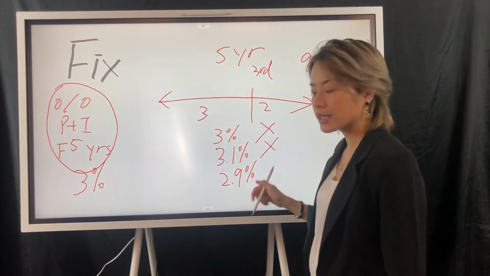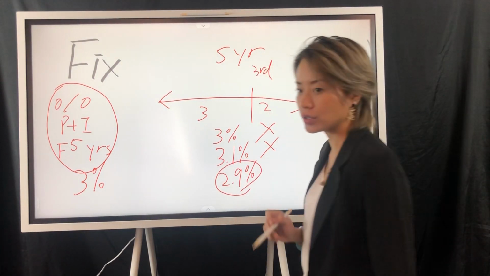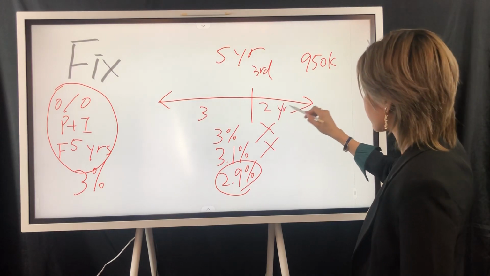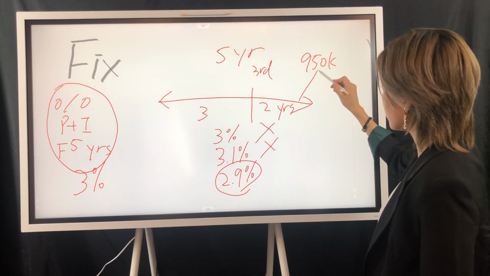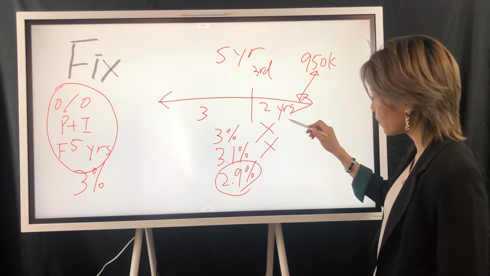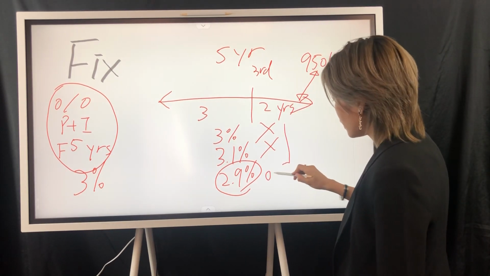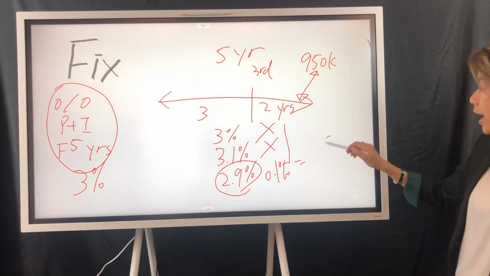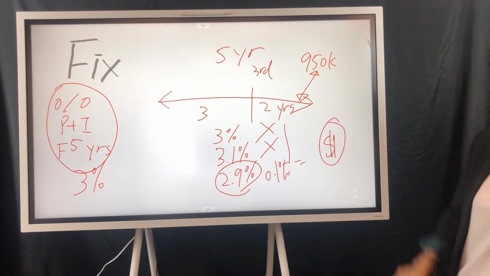In this case, you will have a penalty. So how do they calculate the penalty? It's the remaining loan balance times the remaining loan fixed term times whatever they make less, which is 0.1%. And that will be the penalty.